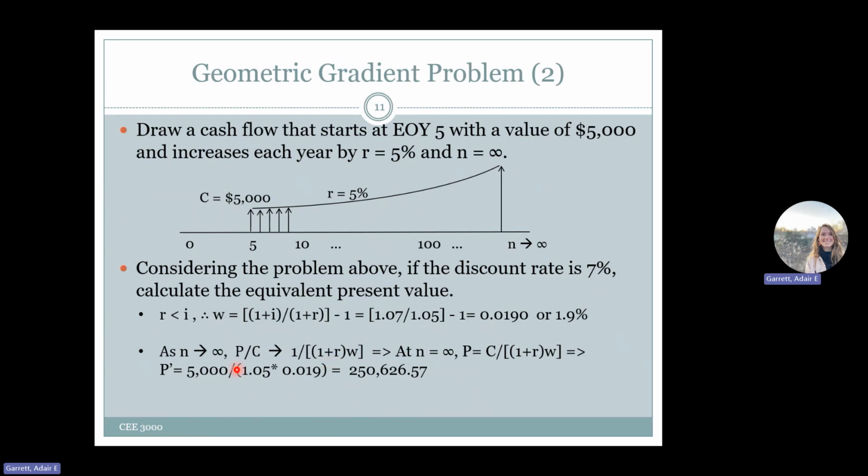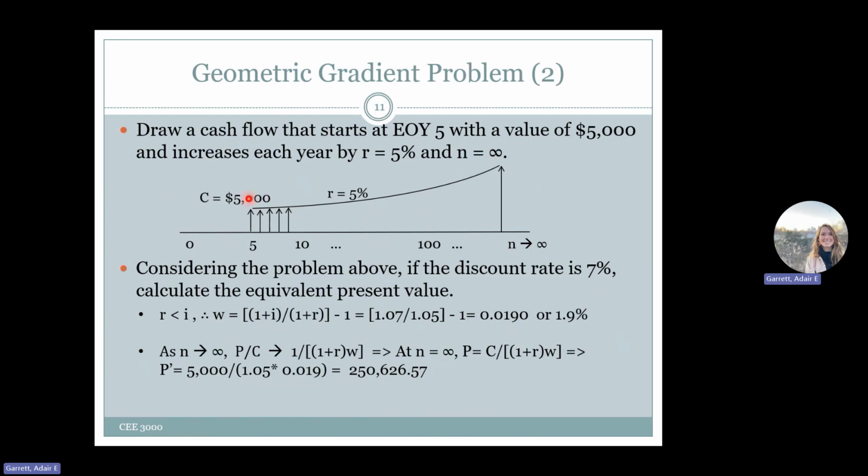We plug all of our values in, and we get 5,000 divided by 1.05 times 0.019, our omega written as a decimal, and we get 250,626.57.